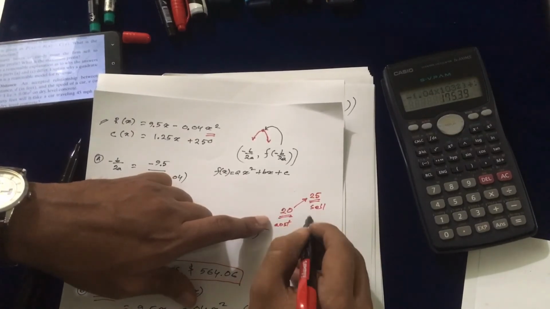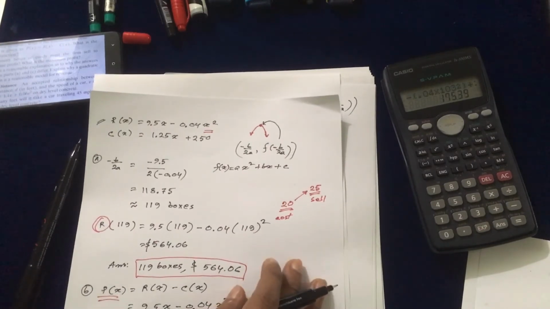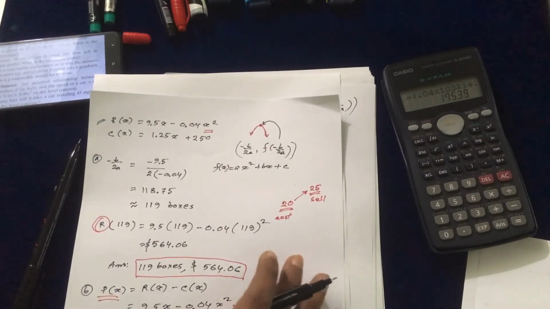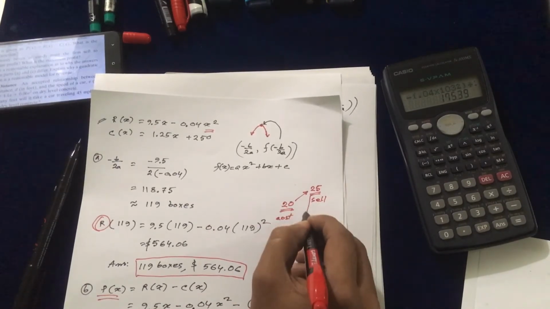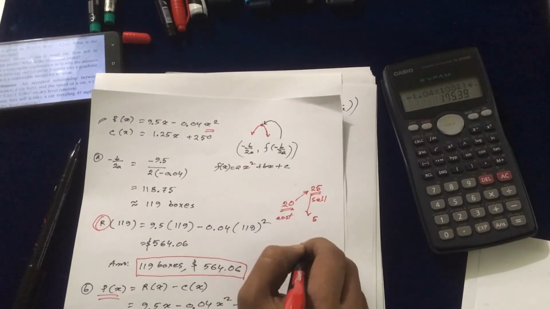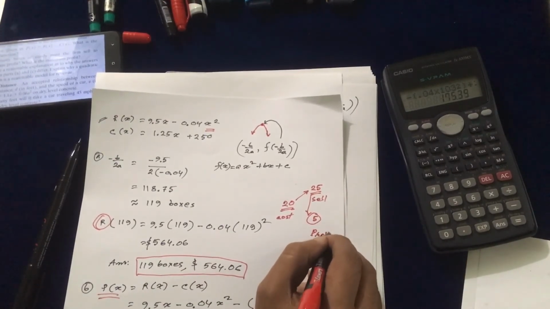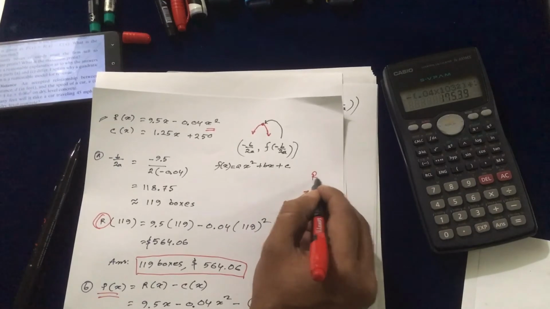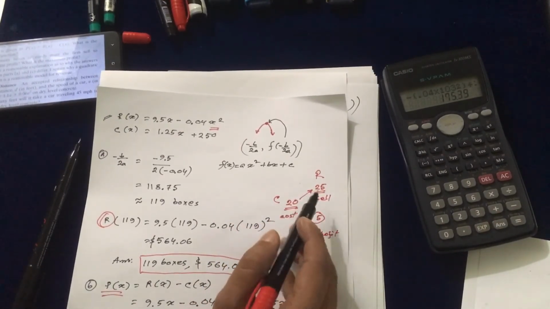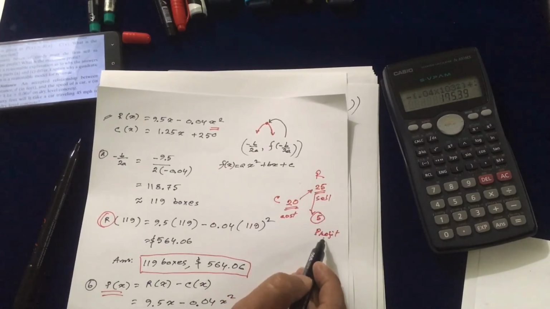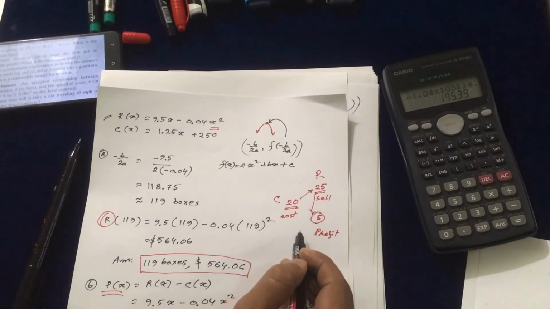Then how much is the profit and how much is the revenue here? What do you think? Revenue is 25 and profit is only 5 taka. This is the profit, this is the revenue, and this is the cost. The whole 25 is not profit.